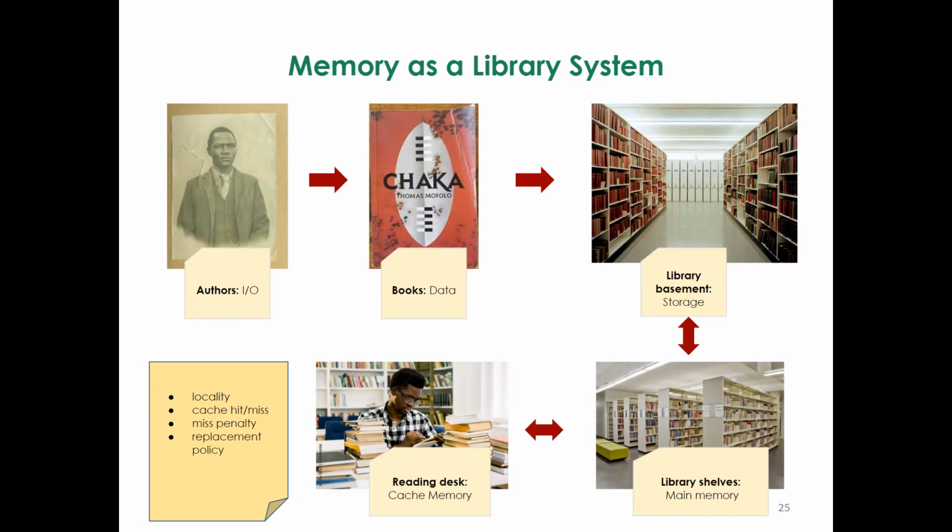You are four processors, and you have one desk to yourself. You go to the shelves, you pick books around the theme that you want to research on. And when you pick the books, you are not going to pick one book, right? You will pick maybe two or three, four books around the theme that you are really interested in. And then you place them on your desk, and then you consume them.